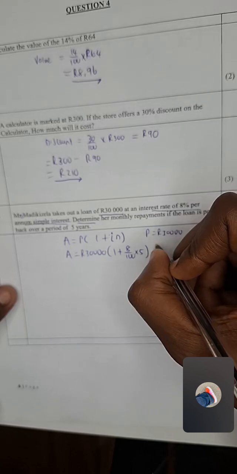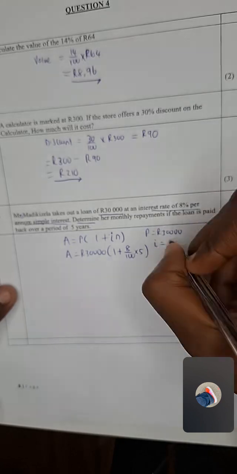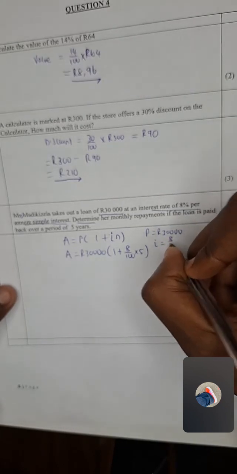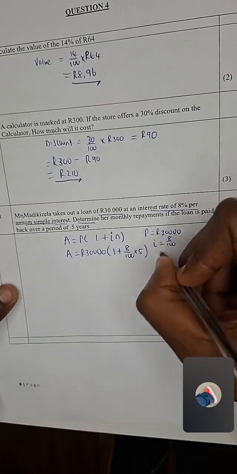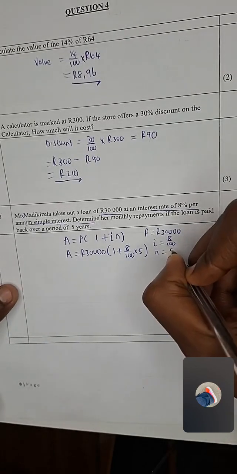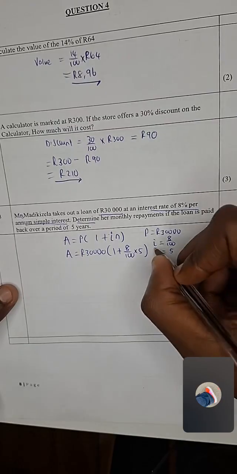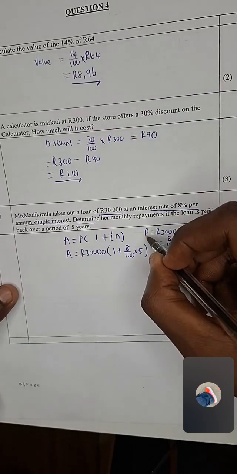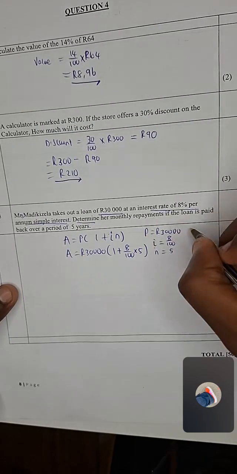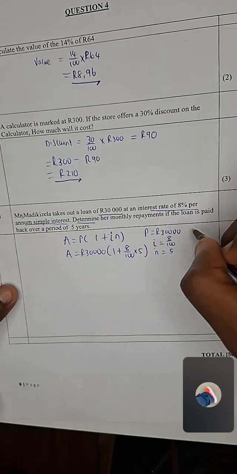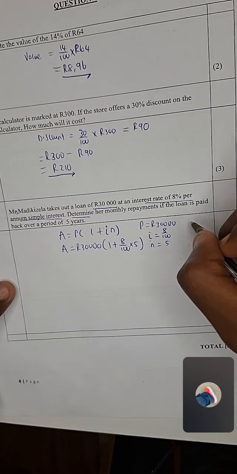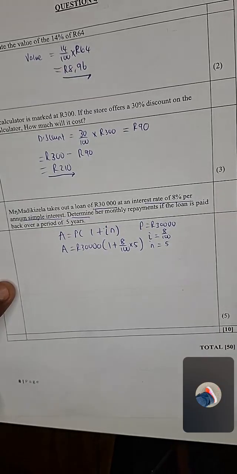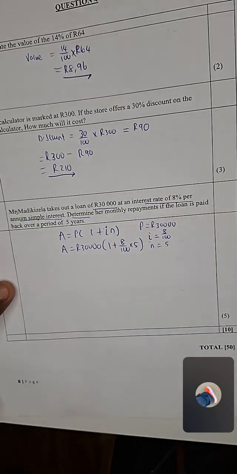So that is to say that i is equal to 8 over 100 and n is equal to 5. i means interest rate, P means principal amount, which could be either your loan amount if it's a loan, or your investment amount if it is an investment for savings. So in this case, it's your loan amount.